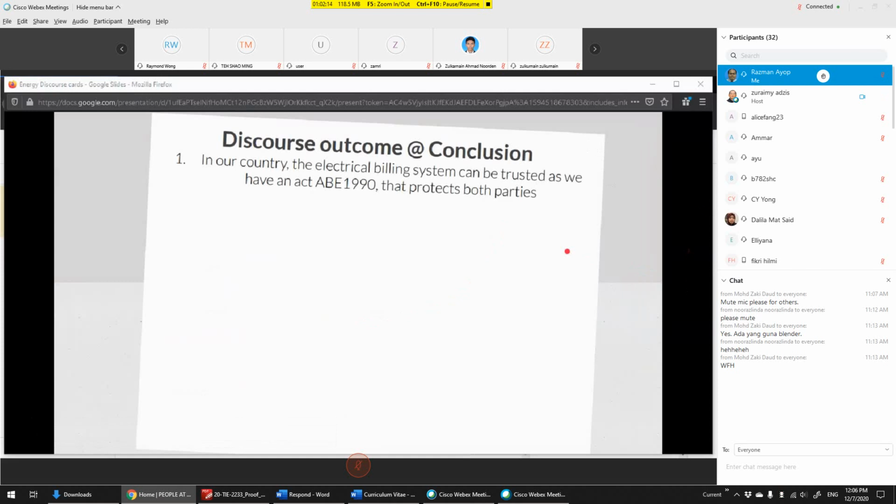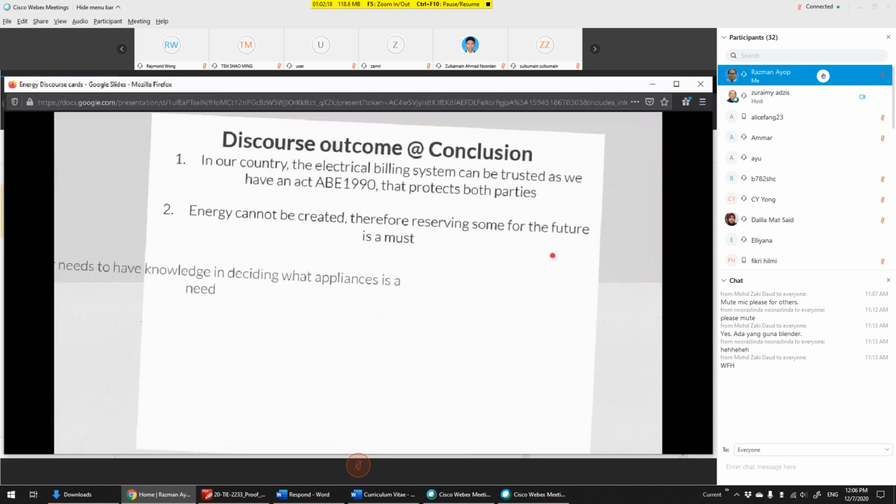Conclusion number 2. Energy cannot be created, therefore reserving some for the future is a must, right? We have to reserve this fossil fuel for the future generations. We cannot use it all like what the past people have done.